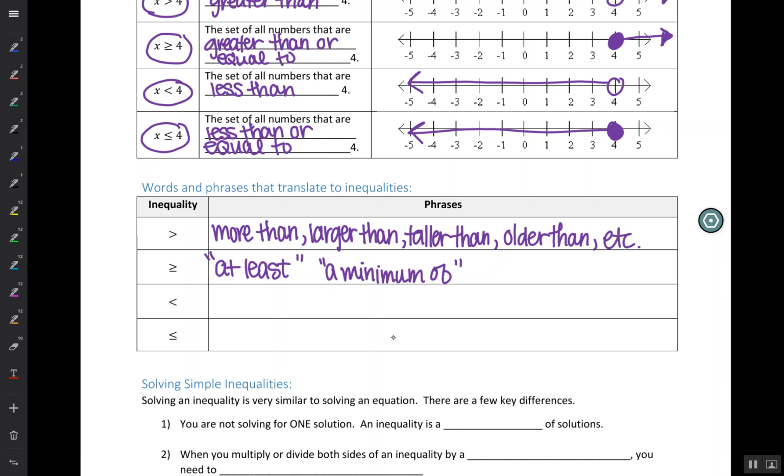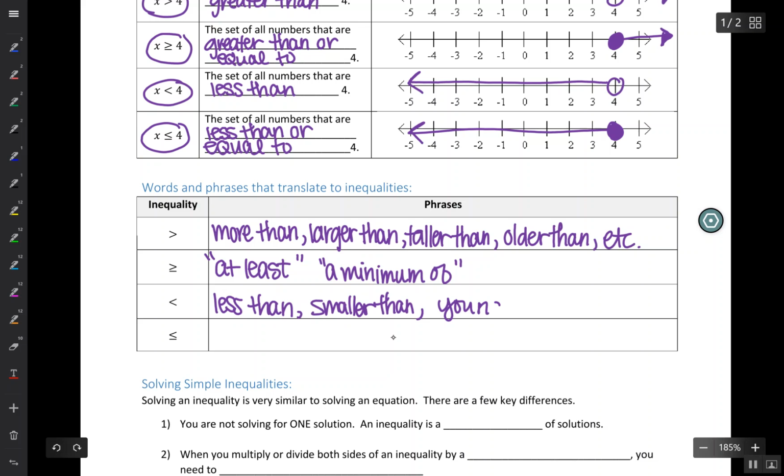All right, less than, smaller than, younger than, things like that. Okay, with less than or equal to, there's another phrase that's very similar to at least, but it's the opposite of that. It is at most.